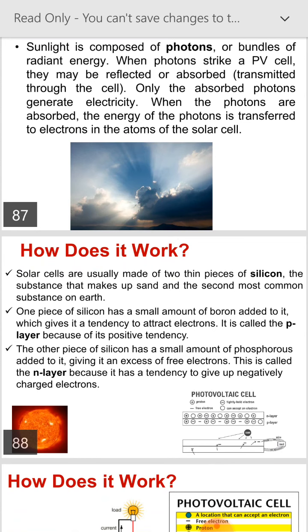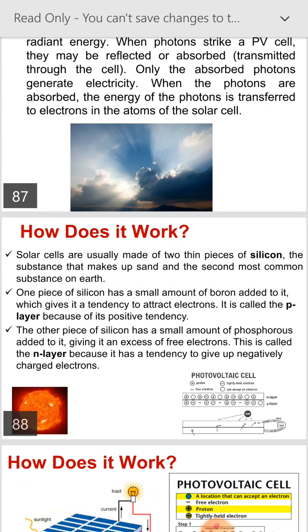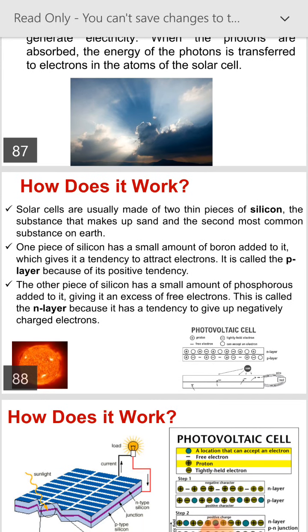It is called a p layer because of its positive charge. The other piece of silicon has a small amount of phosphorus added to it, giving it an excess of free electrons. This is called the n layer because it has a tendency to give up negatively charged electrons.